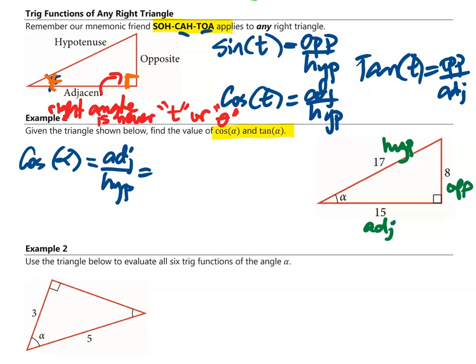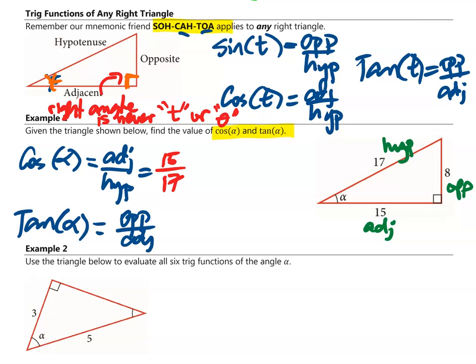So that is equal to 15 over 17. Next, tangent alpha. Tangent is opposite over adjacent, and that is equal to opposite 8 over adjacent 15.